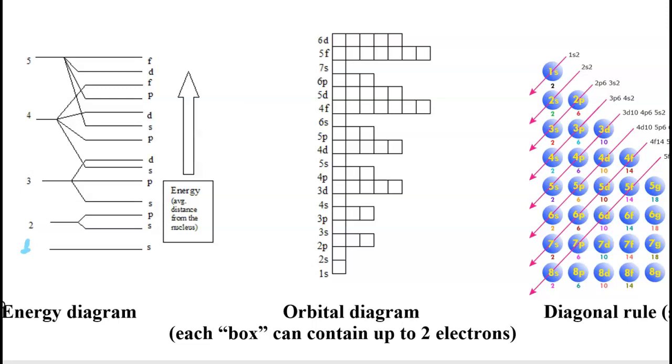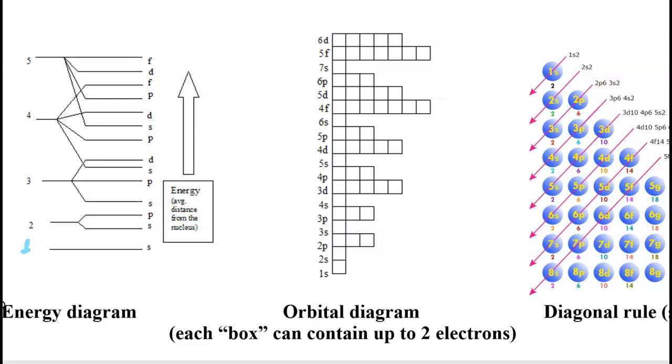The second shell has two subshells. The lowest one is s, and the higher level for the second shell is the p subshell. The third shell has three subshells: s, p, and d, and d is higher by its energy than the p subshell.